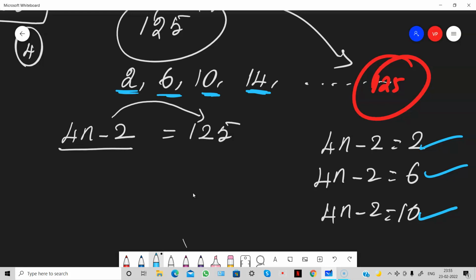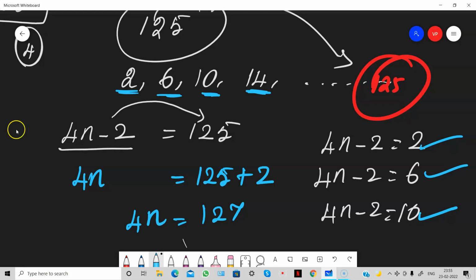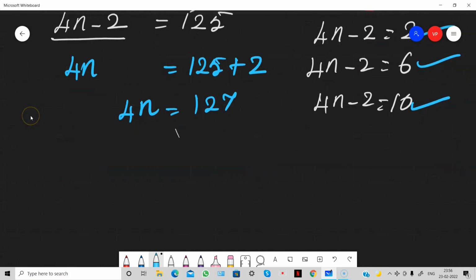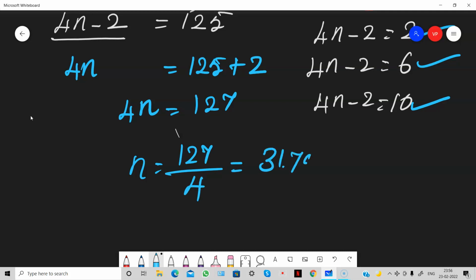Now look at 4n. Transpose this 2 here, it is positive 2, and if you add, you get 127. 4 times n, so what is our n? n is equal to 127 divided by 4, and we get 31.75. So we get a decimal. n is a position.